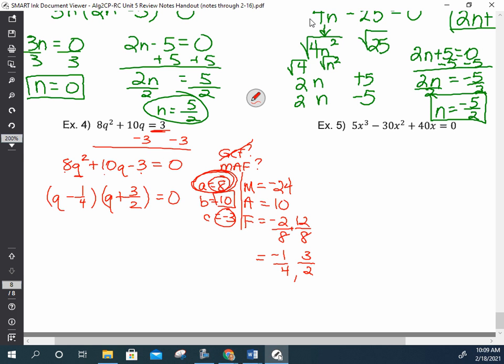Remember, we don't want fractions in the factor. So take the 4, move it in front. Take the 2, move it in front. So 4q minus 1 times 2q plus 3 equals 0. So now it's factored.